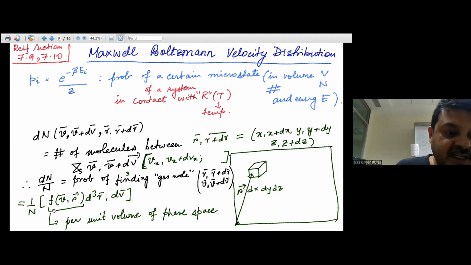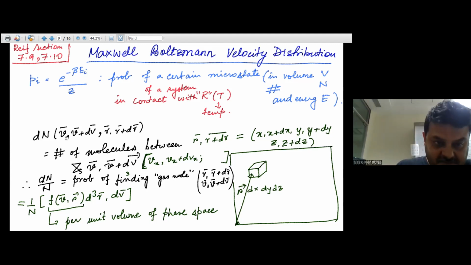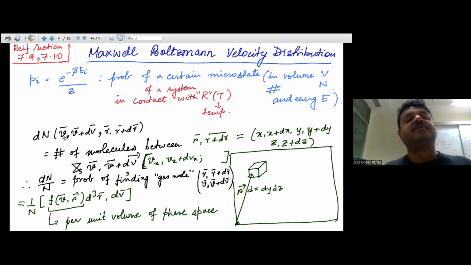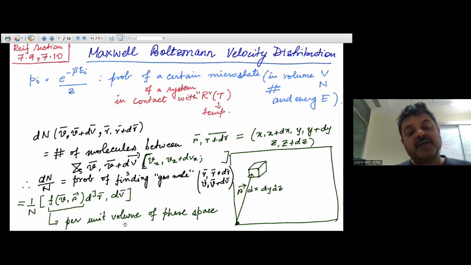So basically, this quantity f(v,r) is the number of particles moving with velocity v, which means between velocity v and v plus dv, and in position r, which means r and r plus dr. So this quantity is the number of particles per unit volume of phase space.